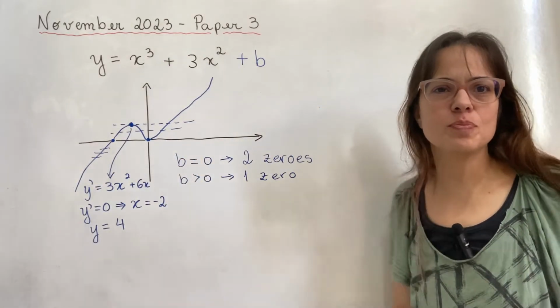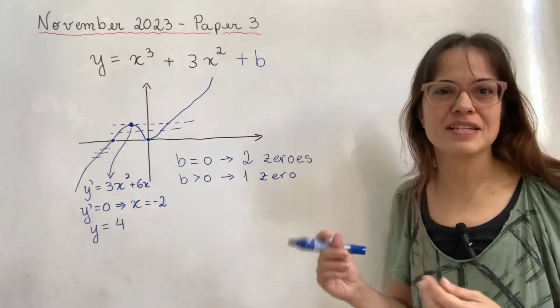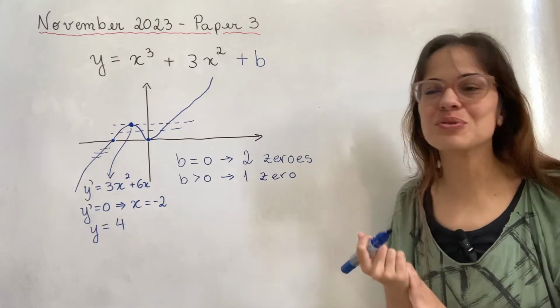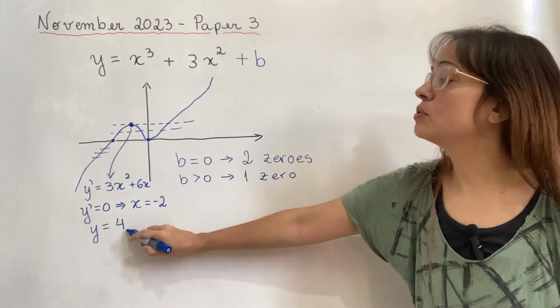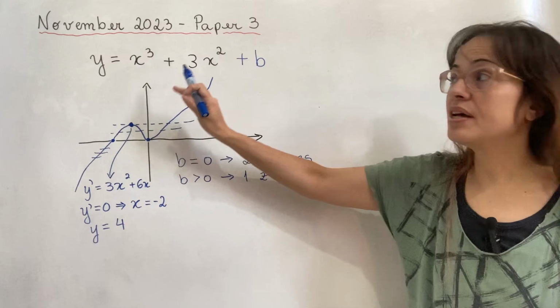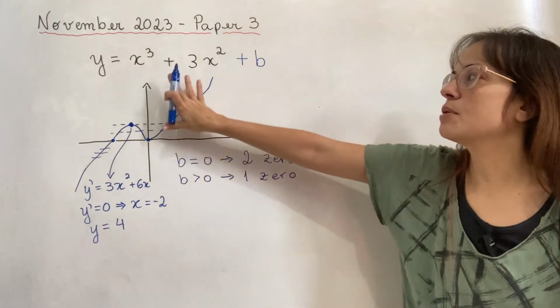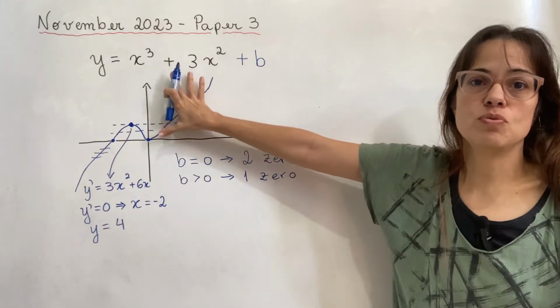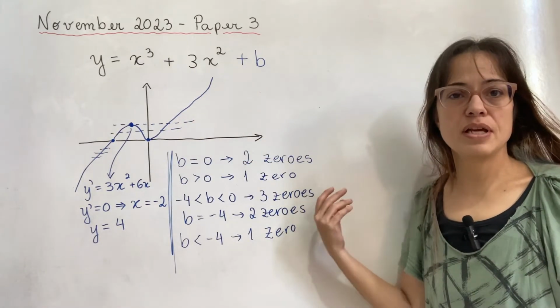I'm using calculus, but since they are very round numbers, 2 and 4, I'm pretty sure that if you just ask the graph in the calculator, you're going to be fine. Since the vertical coordinate of that point is 4, that means that in order for the function to have, again, 2 x-intercepts, the vertical translation needs to be -4. It needs to go down. So that's the complete answer to parts A and B.